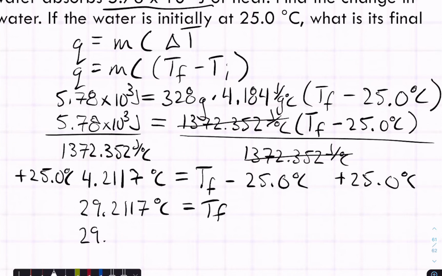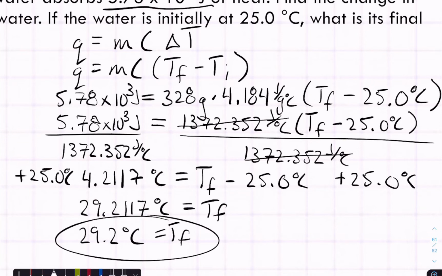It's going to be 29.2 degrees C. That would be the final answer. Cool. This is mostly an algebra lesson, right? Just talking about how to rearrange all this stuff.